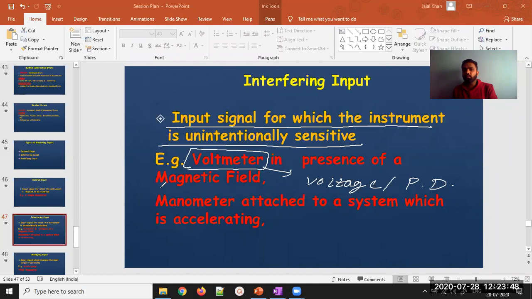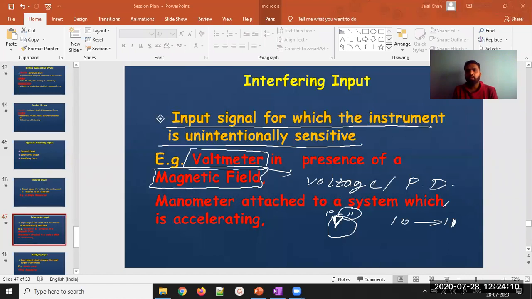Now, suppose in that electric field there is the presence of a magnet. Suppose this is my voltmeter, and it wants to show a reading of 10 units, but due to the presence of the magnetic field it is showing a reading of 11 units. Now this change from 10 to 11 is due to which input? Can anyone let me know?